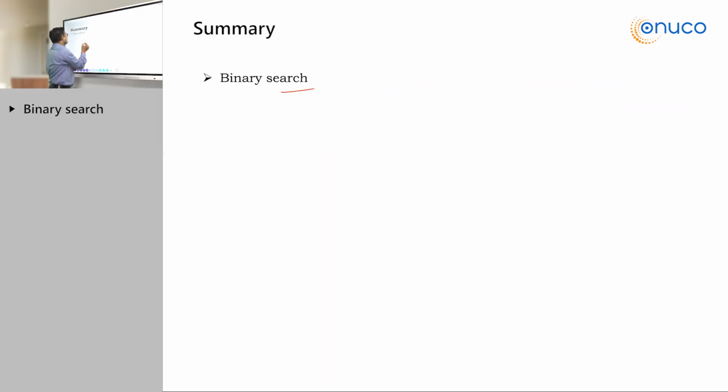Now, when you are dealing with linear search, right? This is also a searching technique, to find whether the key element is present in the given list of elements. Here we had cases, right? In the worst case, it was theta of n.